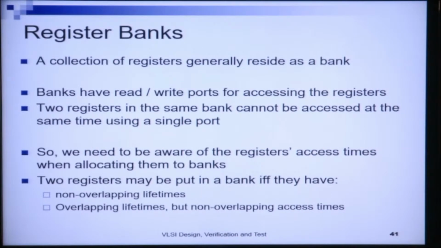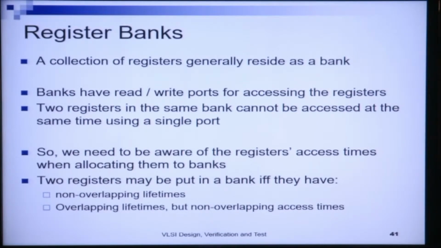So two registers may be put in a bank if and only if these registers have non-overlapping lifetimes. That means that all variables assigned to register R1 say and register R2 say have non-overlapping lifetimes.